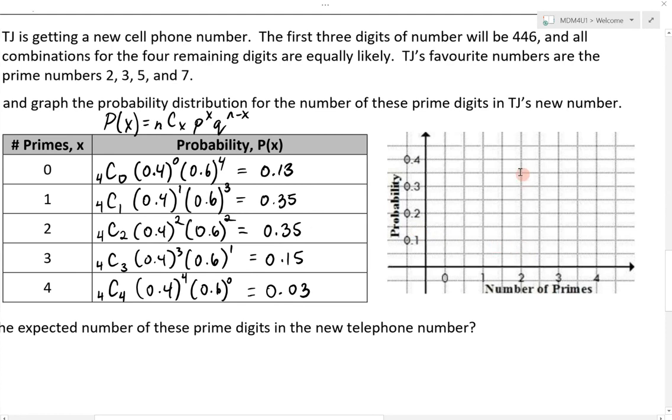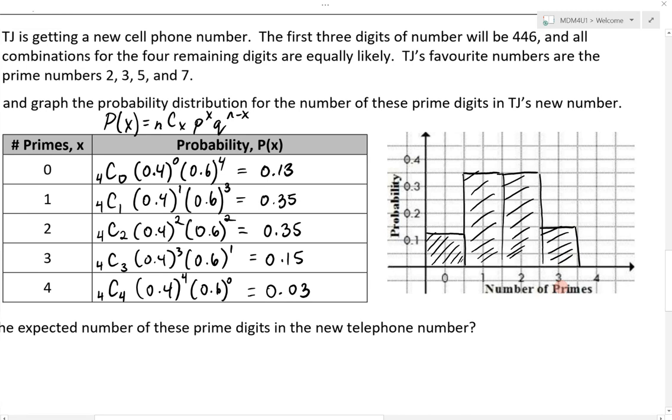So for the first one, we're at 0.13, and so I'm looking at drawing a bar like this, and that's the first bar. And for 1 prime number, we're at 0.35, so I'm looking to draw a bar up here. And for 2 prime numbers, we're also at 0.35, so another bar up here. For 3 prime numbers, we're at 0.15, so a bar over here.